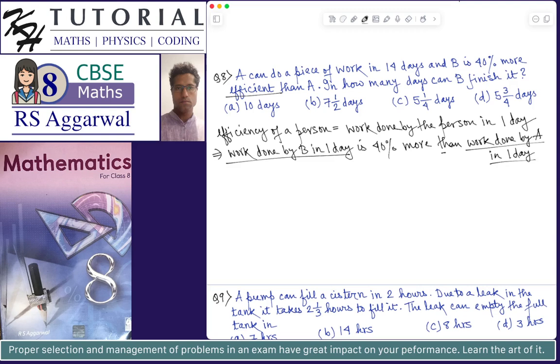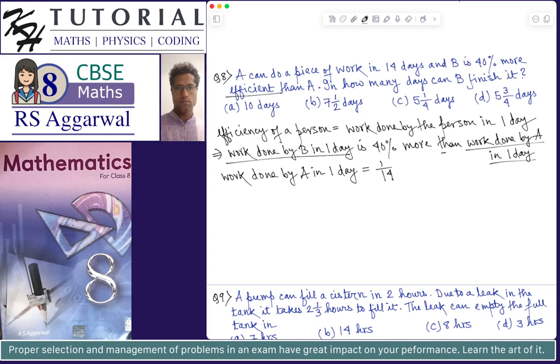Now what is work done by A in 1 day? It is given that A can do a piece of work in 14 days. So work done by A in 1 day will be 1 by 14.